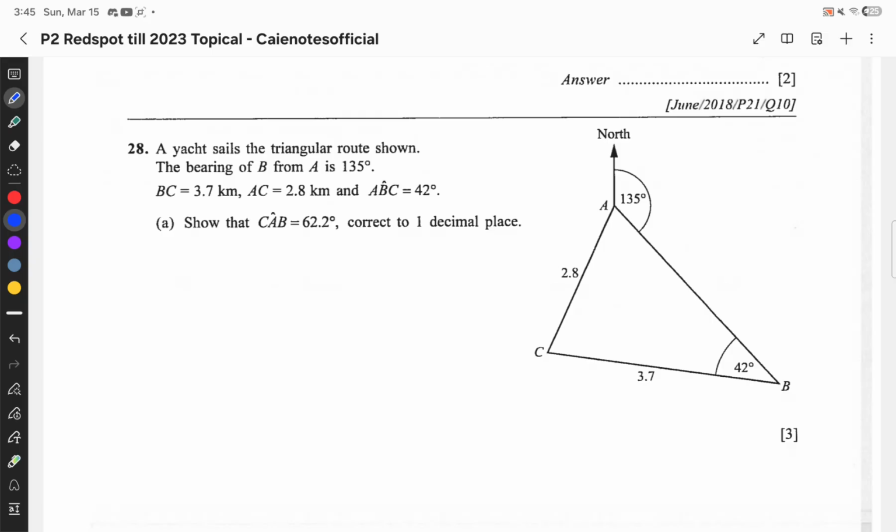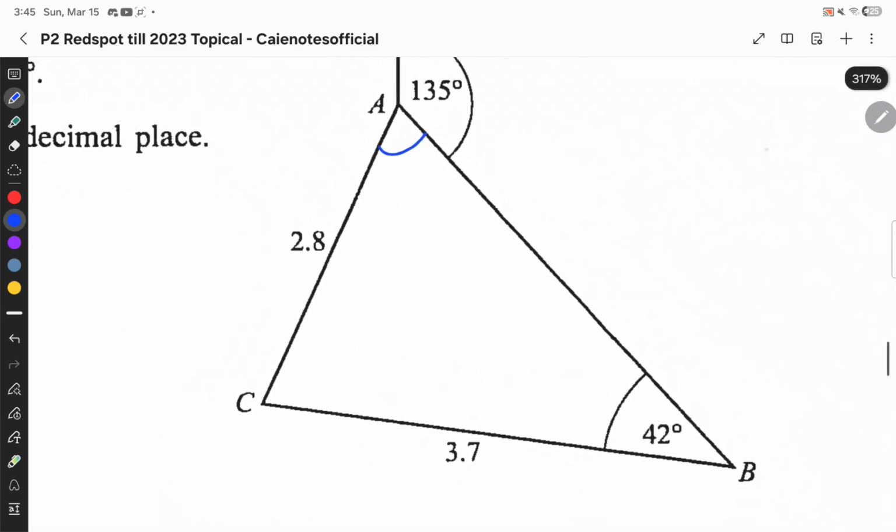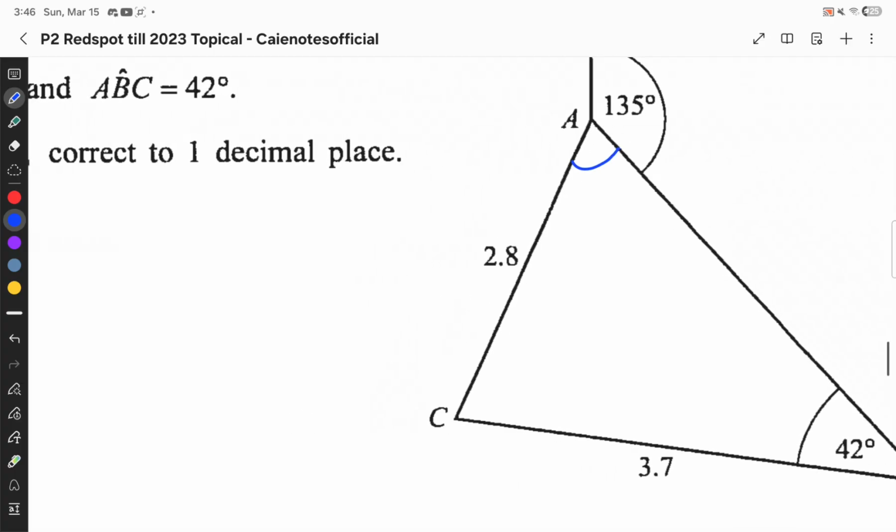Show that this angle is this, correct to one decimal place. CAB. We can show this by using the sine rule. This is the red angle, and this is the red length.